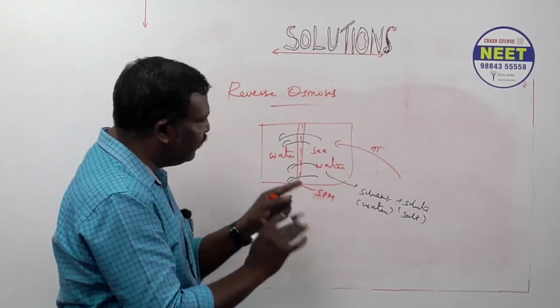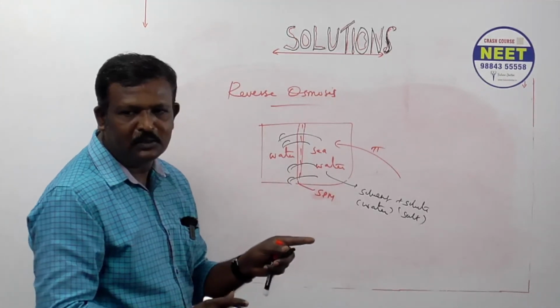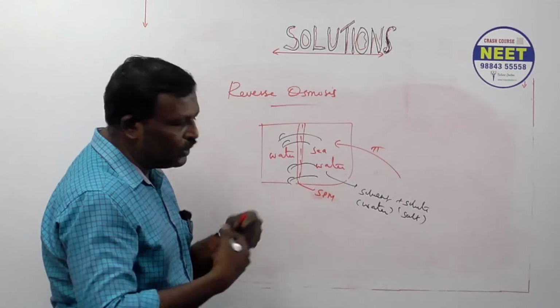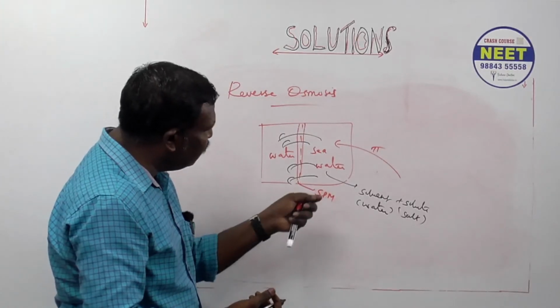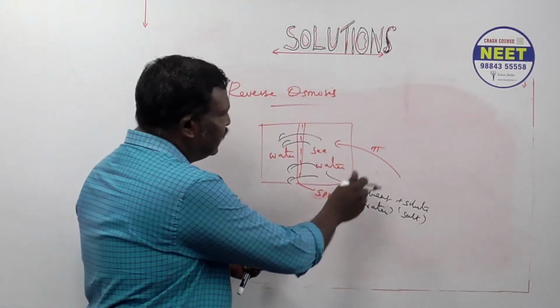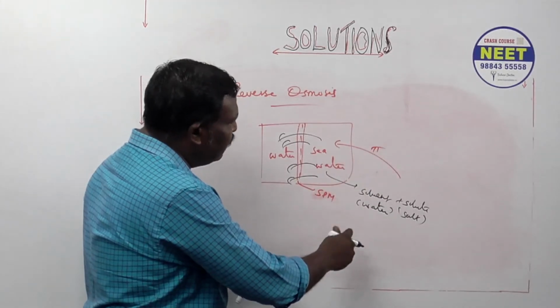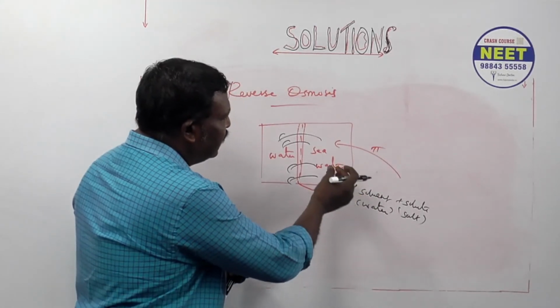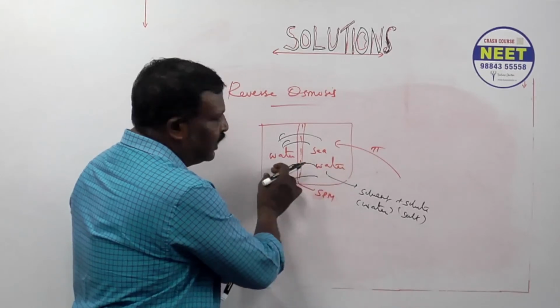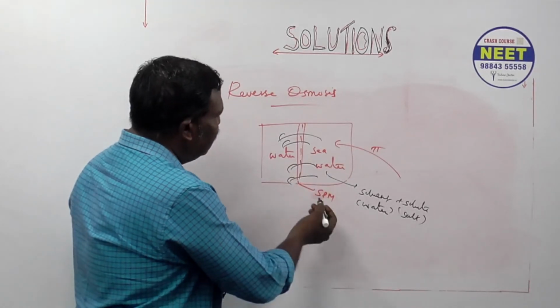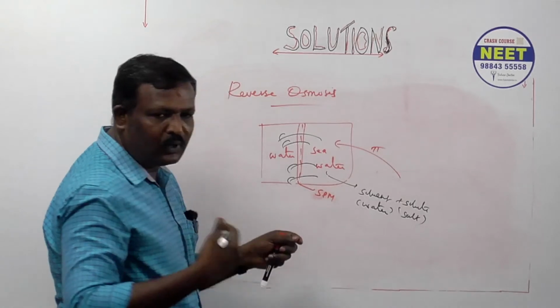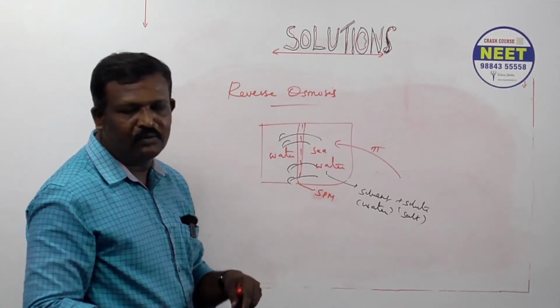Understood? If you give some pressure, we can stop osmosis. But we want to get water molecules, no? So we should give more pressure than the osmotic pressure. Then only we can push the water molecules from the seawater side to the normal water side, and get drinking water from seawater.